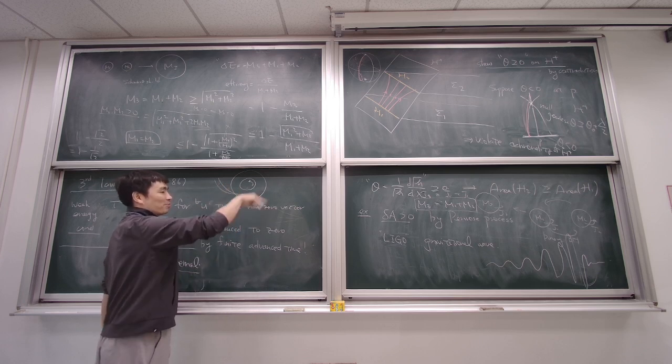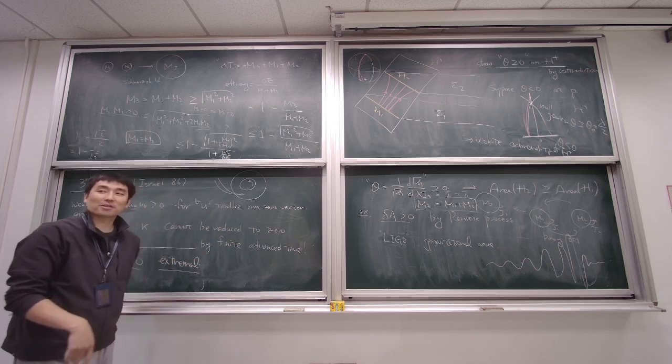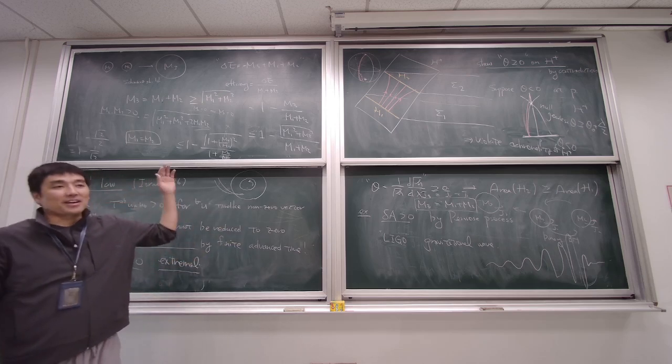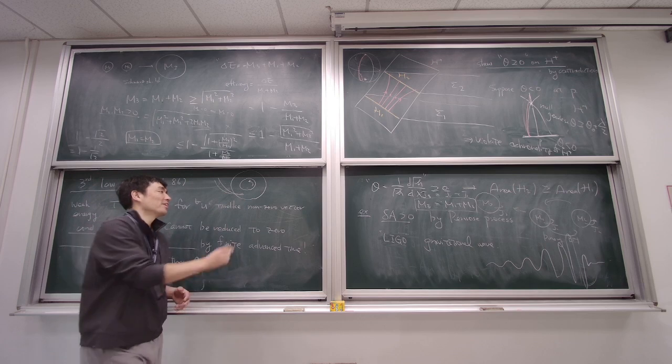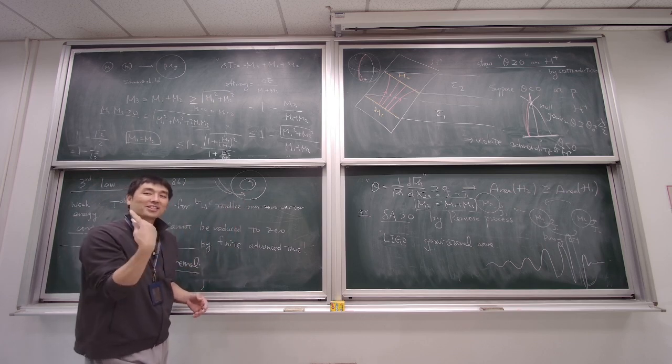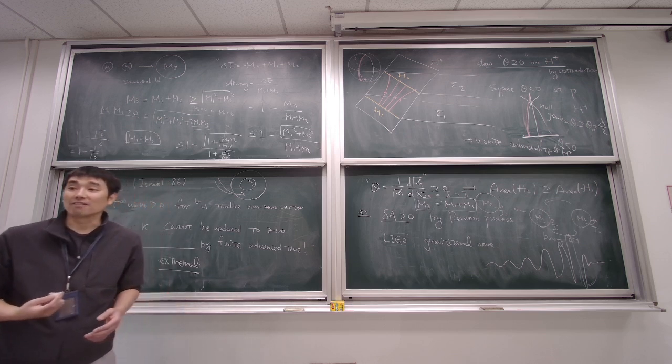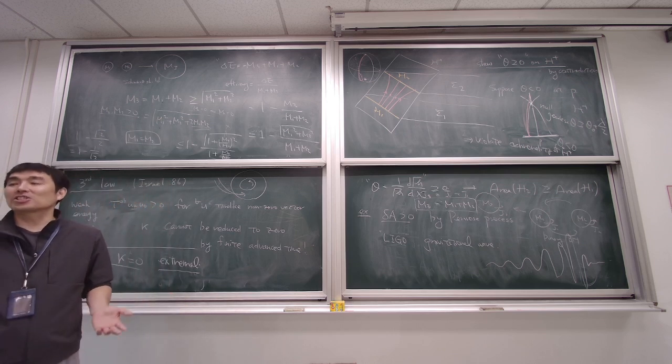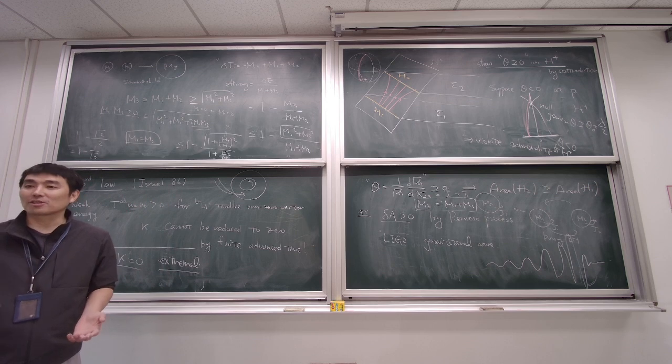If you put lots of matter which has angular momentum, and try to increase the angular momentum of the black hole itself, okay, it cannot reach this extremal limit by a finite amount of process.